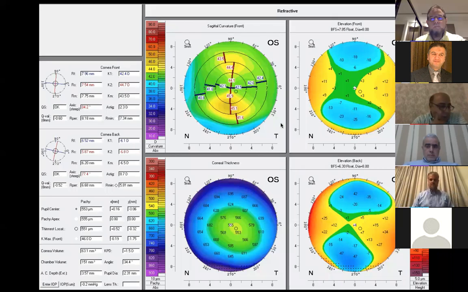If you look at the refraction, it's -2 and -2, -1. So the spherical equivalent is 2.5. So if you deduct from the K1, I think it will be 40 or something like that. So you are within the acceptable K after post-operative.